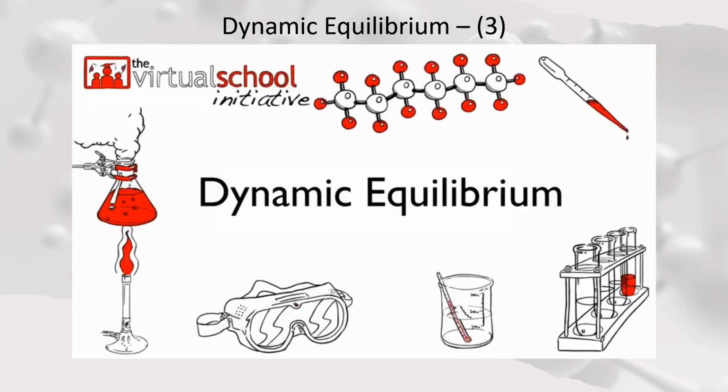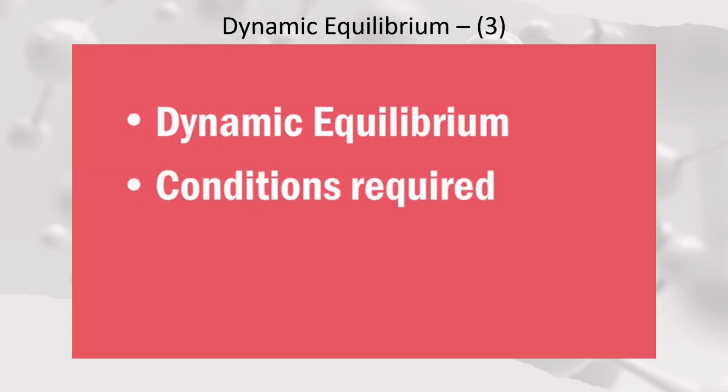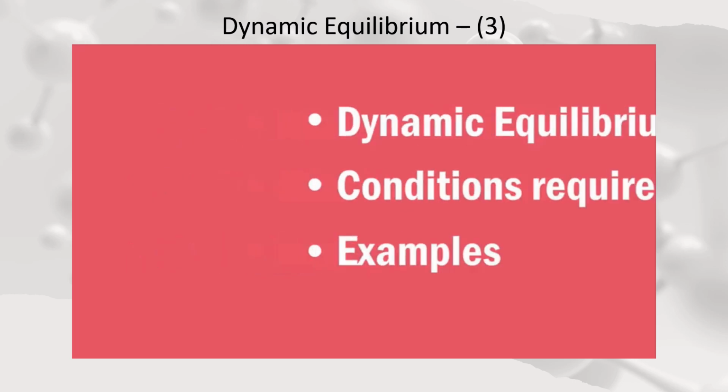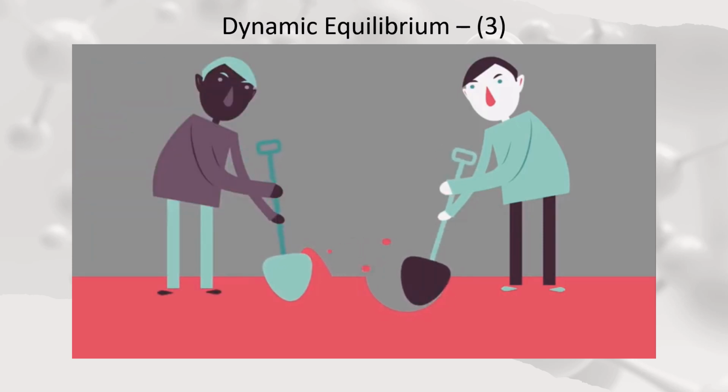In this lesson, you will learn about dynamic equilibrium, the conditions required for dynamic equilibrium to be reached, and examples of systems at equilibrium. Imagine you are digging a hole. You got it? Imagine, as you are digging that hole, your friend is refilling it.